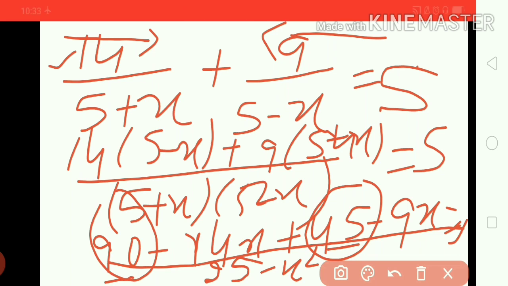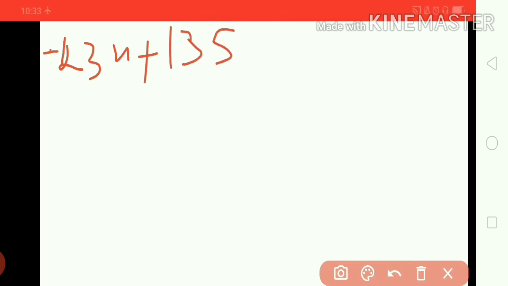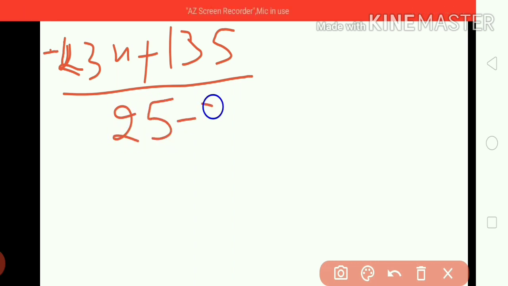So in the numerator we have minus 23x plus 135, divided by 25 minus x square, equal to 5.